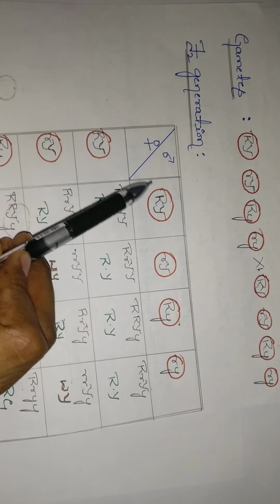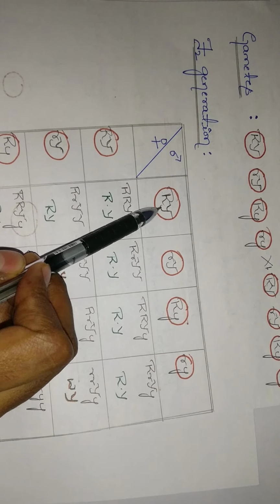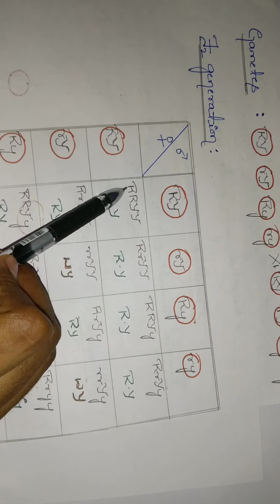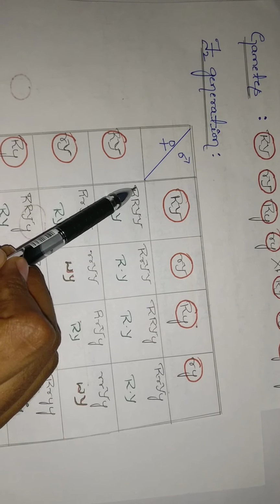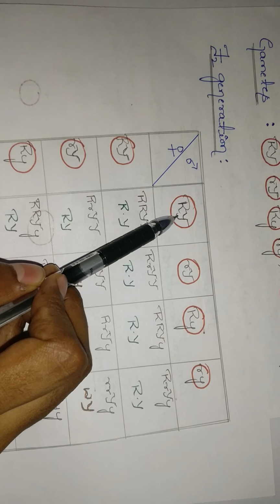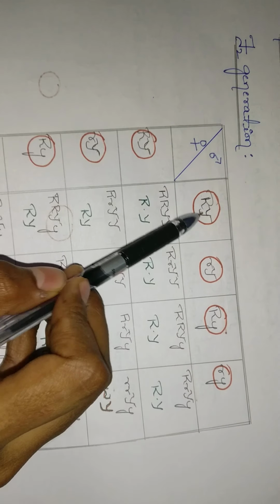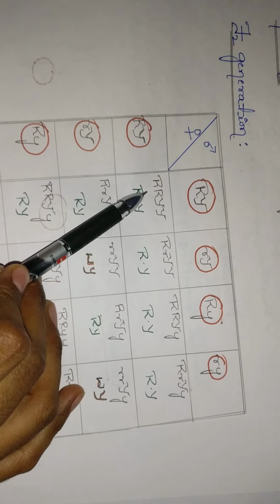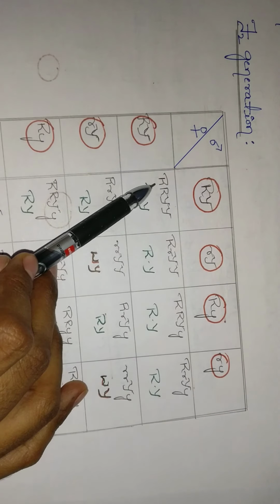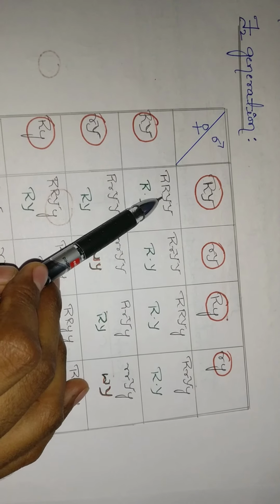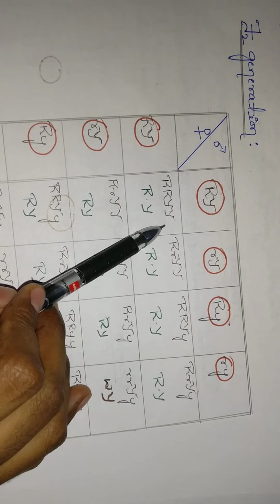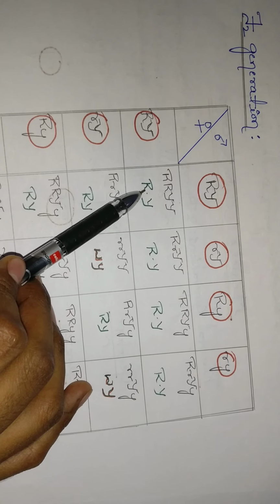Here the capital R is written, that is the shape of this seed, and the capital Y represents the color of the seed. By the cross fertilization of these 2 gametes, we are going to get the seed which is round yellow as the dominant character, and as per the recessive character we can nominate the shape of the seed.